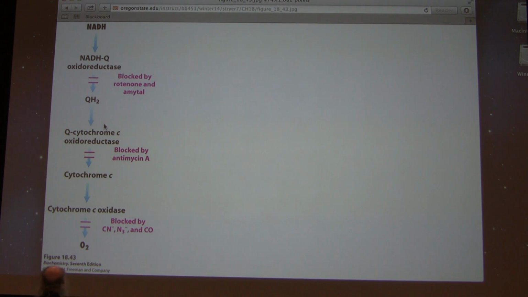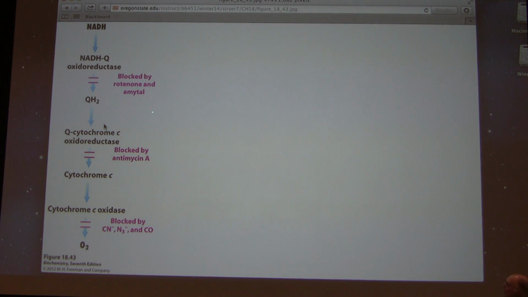Now, these names that you see here, NADH/Q reductase, that one corresponds to complex 1. And when we see Q cytochrome C oxidoreductase, that corresponds to complex 3. And when we see cytochrome C oxidase, that corresponds to complex 4. When we look at the movement of electrons, we see that certain compounds inhibit the movement of electrons through the complexes, and they're known as poisons.